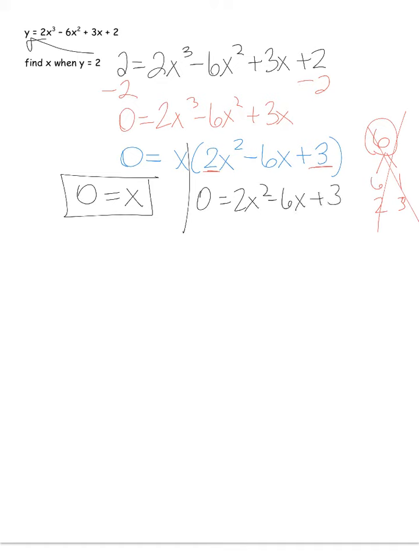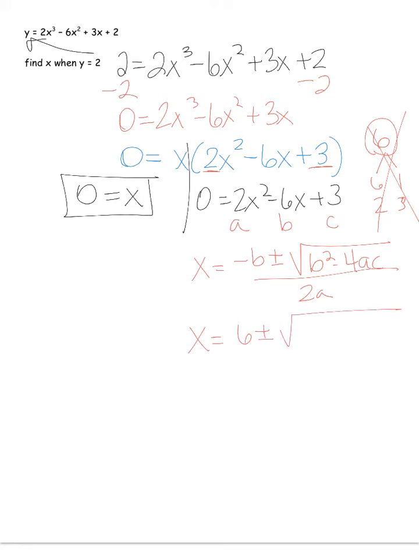If something doesn't factor, you change gears to use the quadratic formula. Remember, that's x equals negative b plus or minus the square root of b squared minus 4ac all divided by 2a. So for this problem, since b is already negative 6, that'll turn to positive 6 when we substitute.